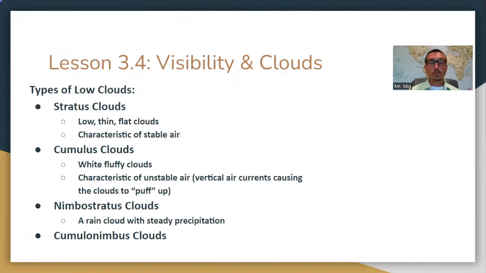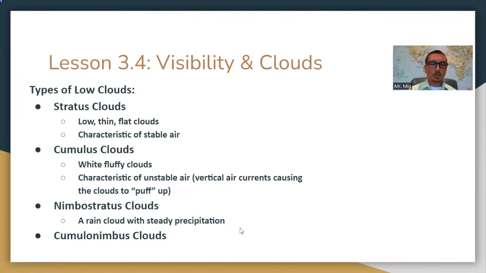So the cumulus clouds are things we need to be aware of and mindful of. A question could be: cumulus clouds could be characterized as having which of the following? It could say something like rain, stable air, unstable air. It doesn't rain with cumulus yet, but it's going to have that unstable air.